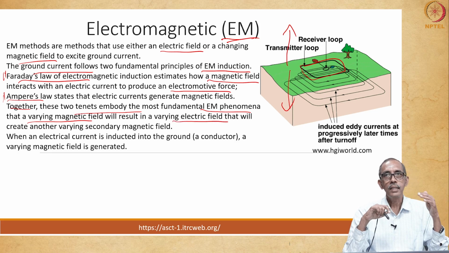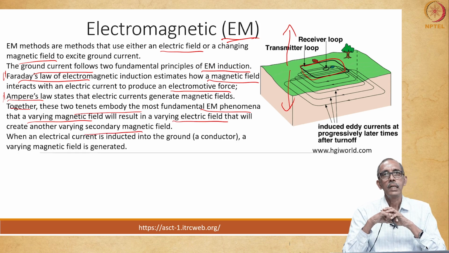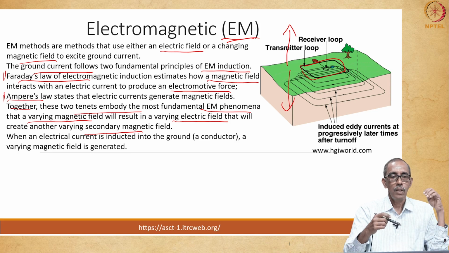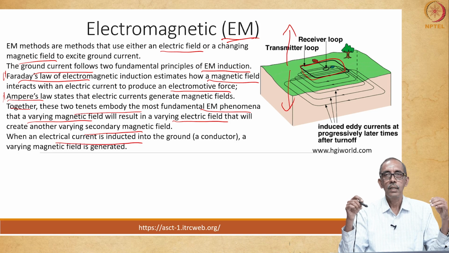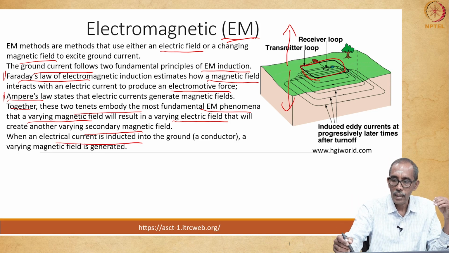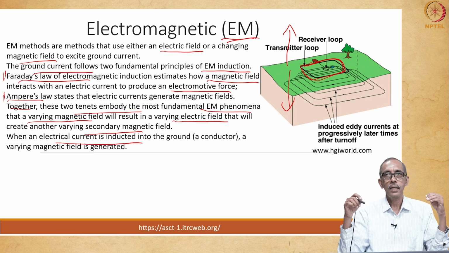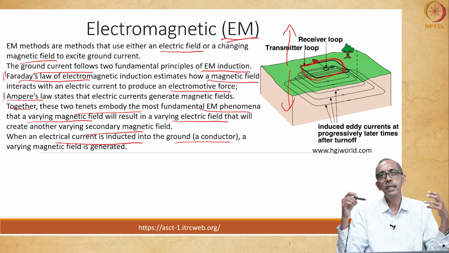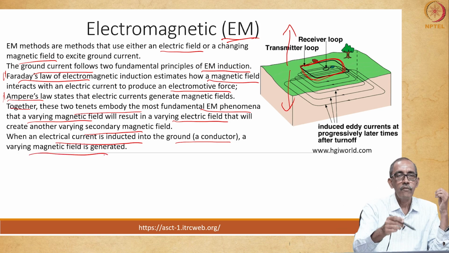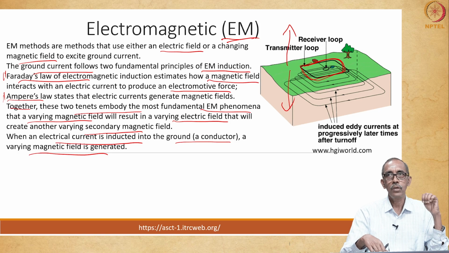This electrical field in turn leads to development of a secondary magnetic field. So, when an electrical current is induced into the ground, as we can see here, there is a loop through which we are going to induce electrical current into the ground. When the ground is a conductor, most likely it will be a conductor, a varying magnetic field is generated due to the induced current.